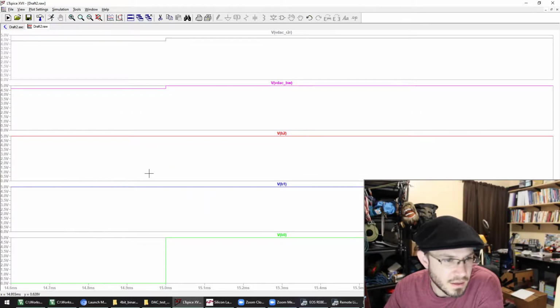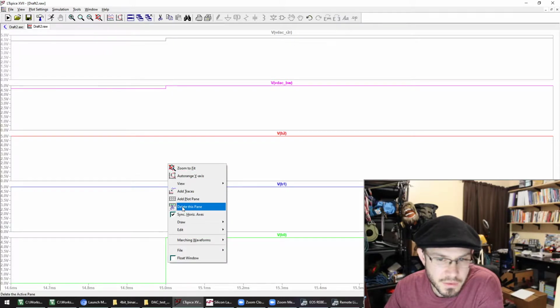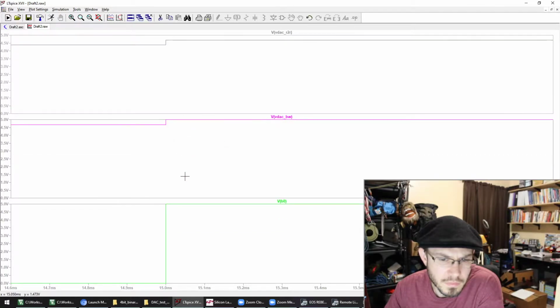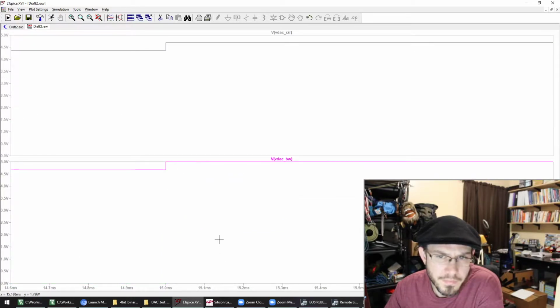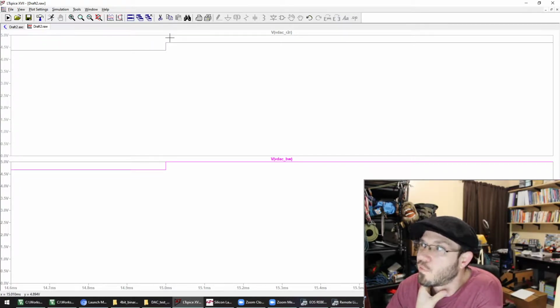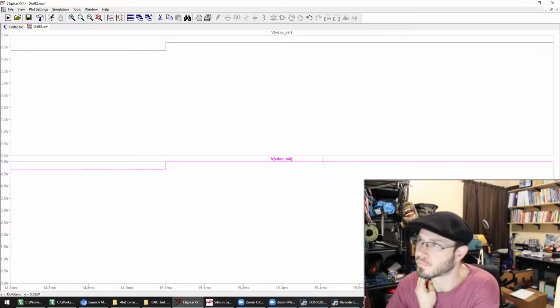Delete my B3 and delete my B2. Okay, a little easier to see. So up here is 5 volts. We don't actually reach our full scale value of 5 volts, where with our binary weighted resistor DAC, we do.